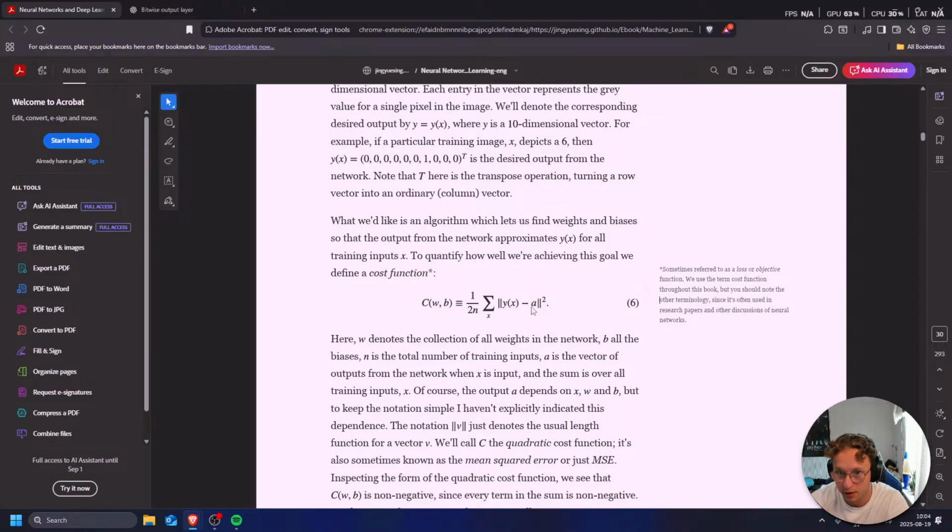Right, and then we have a, which is a vector of outputs from the network. a is the vector of outputs from the network when x is input.